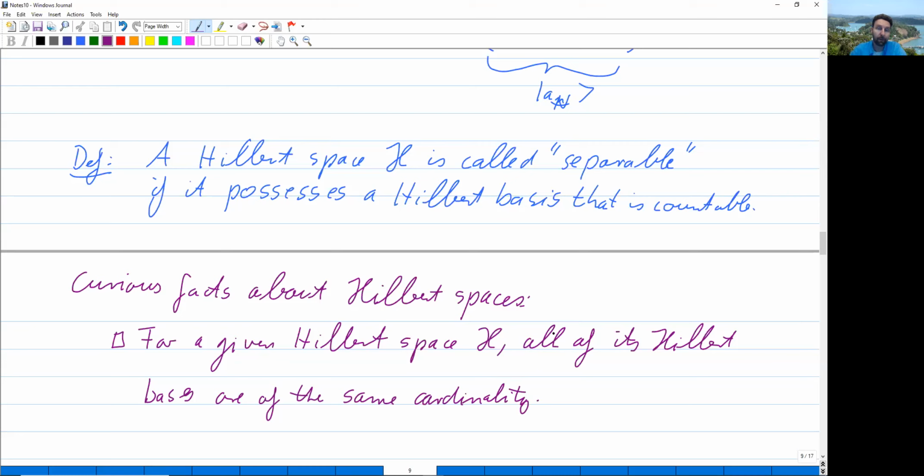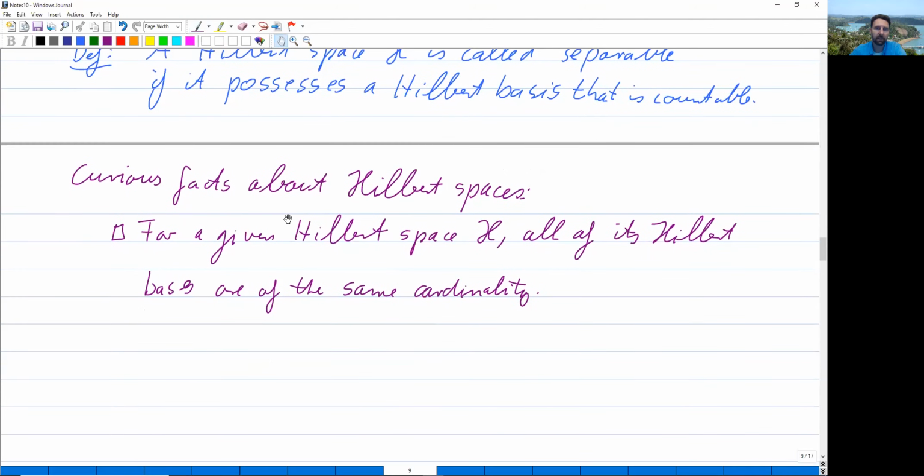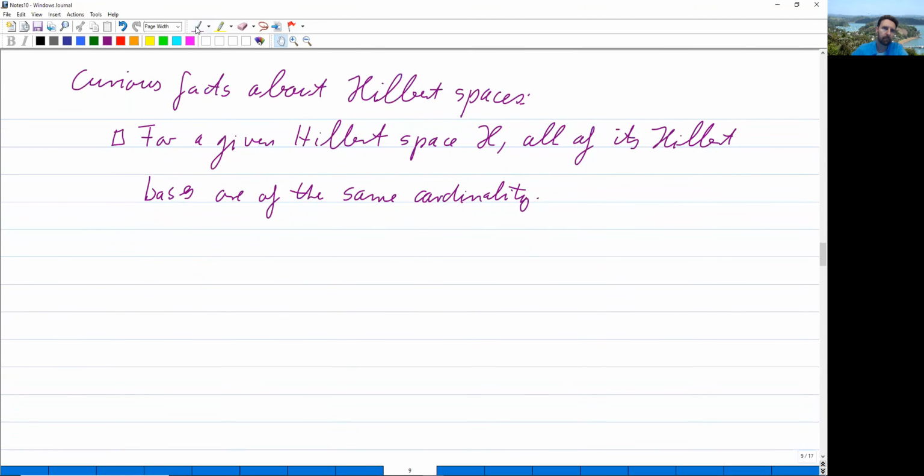This means that in quantum mechanics, in quantum mechanics of a finite number of particles, such as a finite number of electrons, all Hilbert bases are countable.